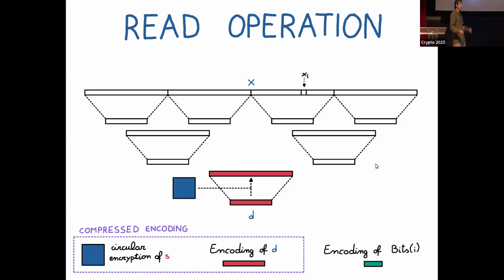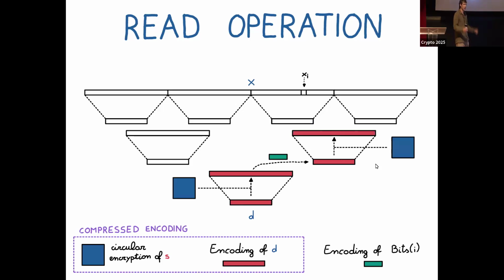So we can use the homomorphic properties of these BGG plus encodings, together with the encoding of the bits of I, to select for the one on the right, like in this example. Now we are back to the initial state, because we have an encoding of the digest. We can assume we have a preimage to the digest, and we have again the auxiliary material, the circular encryption of S, that always remains the same.